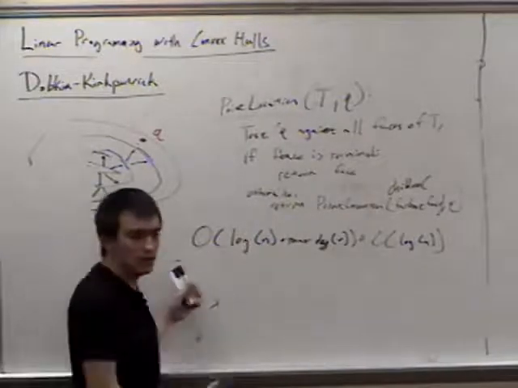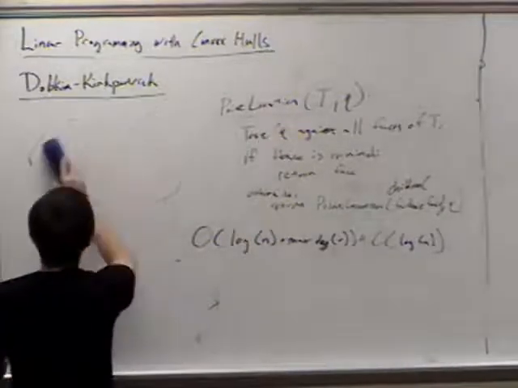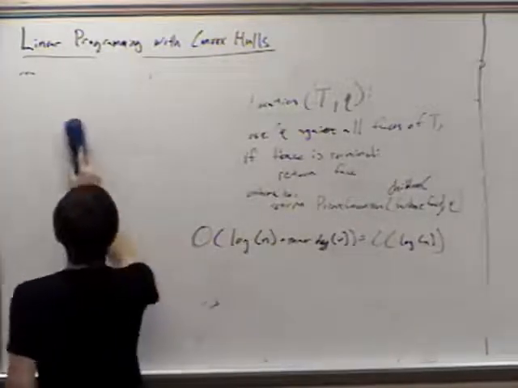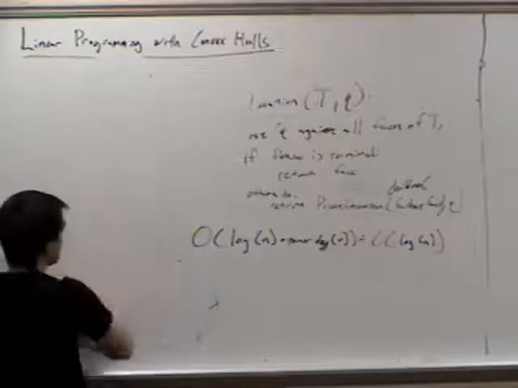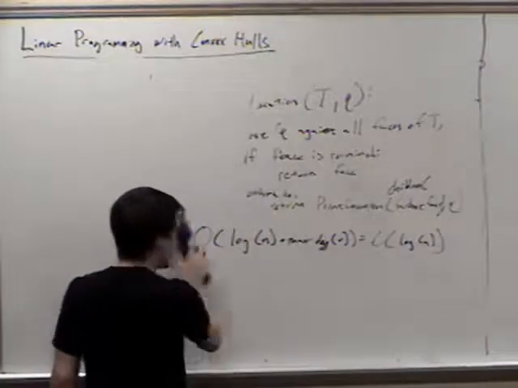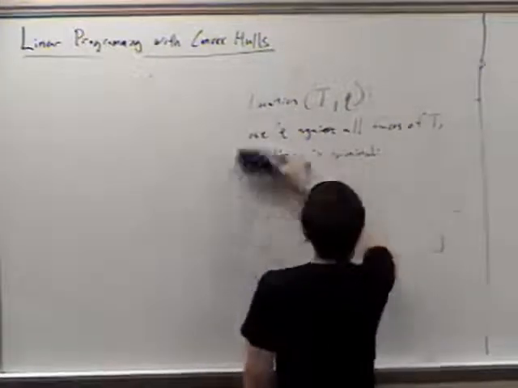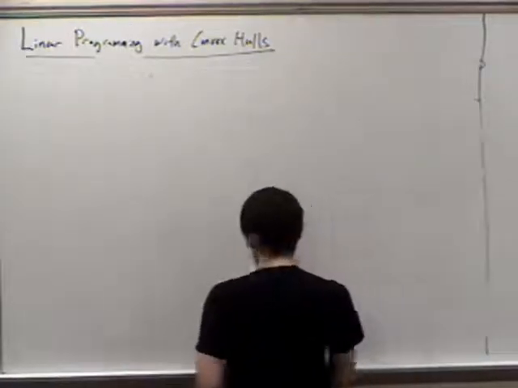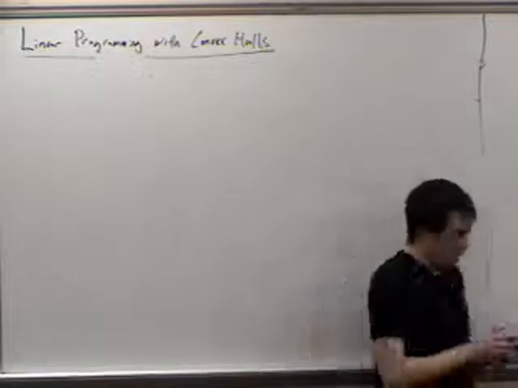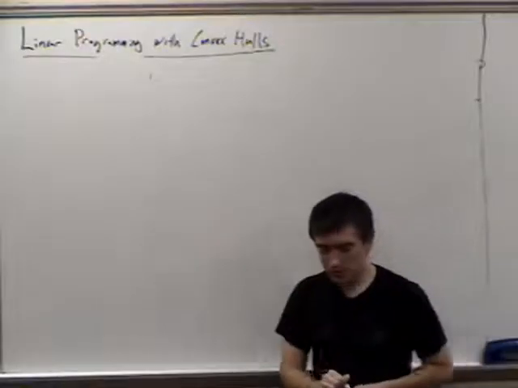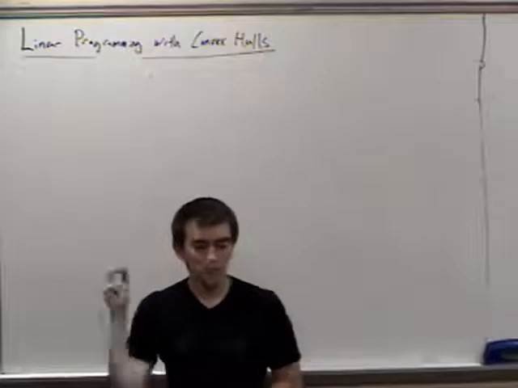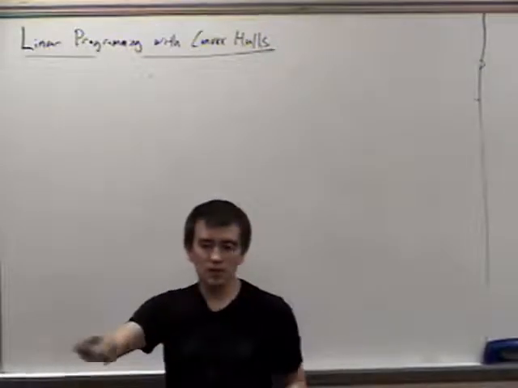So I want to talk about one other thing that we can do with 3D convex hulls, which is an application to GIS systems, like mapping and spherical geometry. For example, suppose you want to be able to say, given a bunch of points on the surface of the Earth, find the closest point to some given query point.